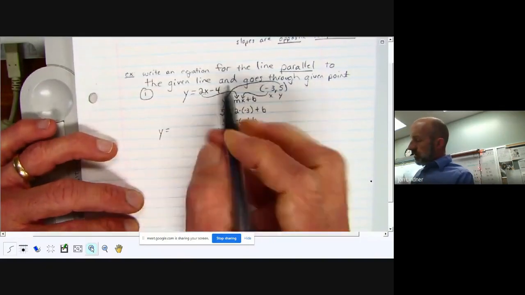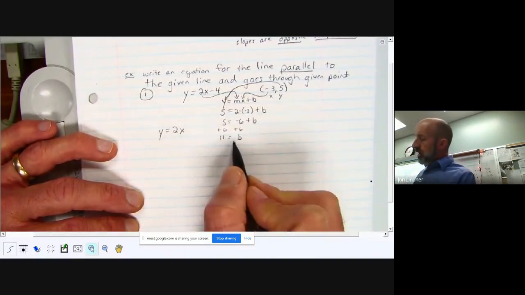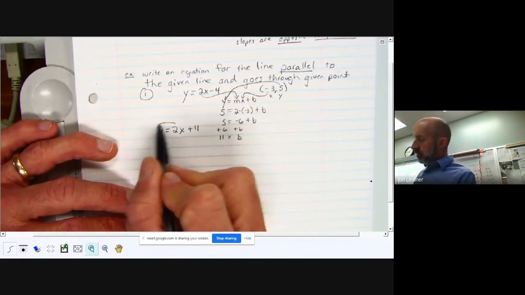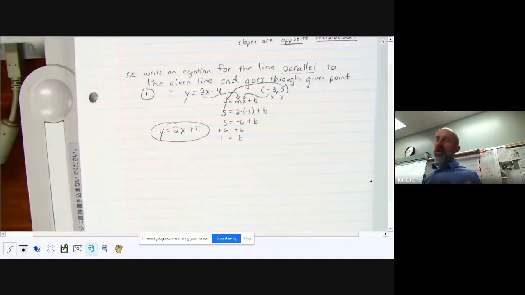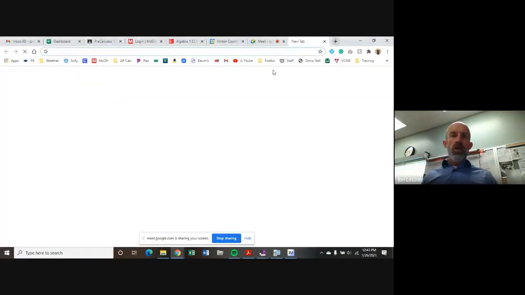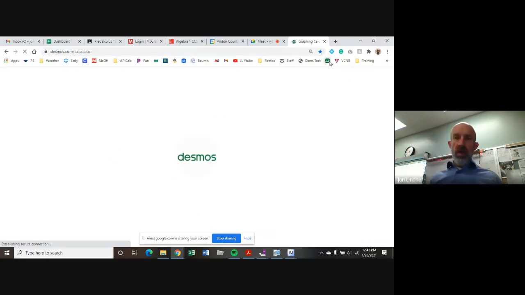Which means I can now write my equation of this new line that's parallel to this one. The new line has the same slope, y equals 2x, and it has this intercept. That is the equation of the new line. And I'm going to go to Desmos just for a minute to show you, as kind of proof that we did a good job finding this new line.